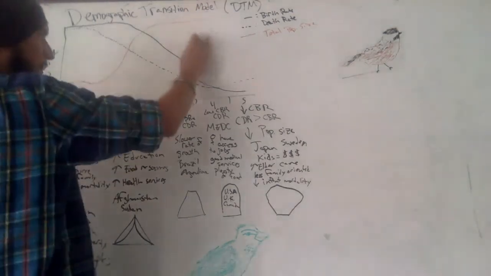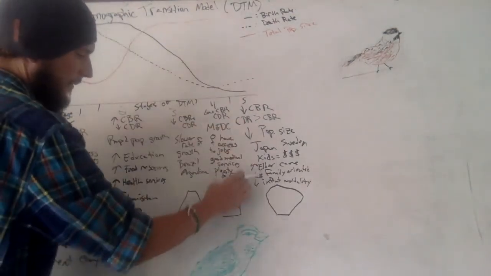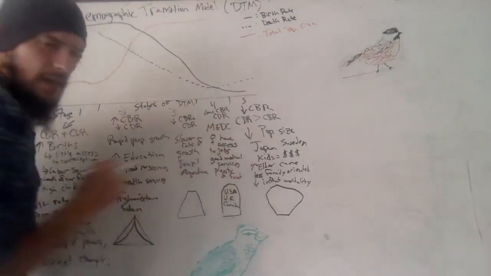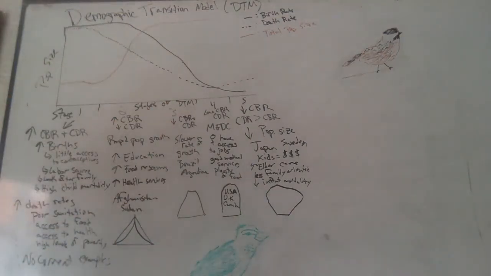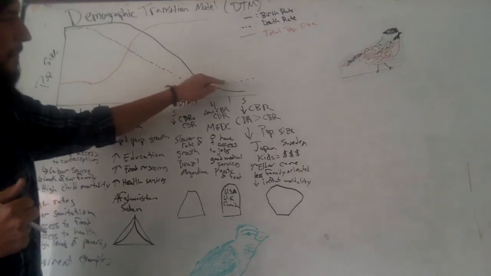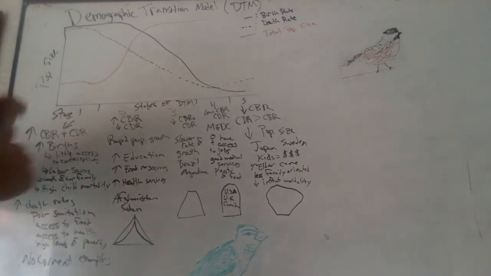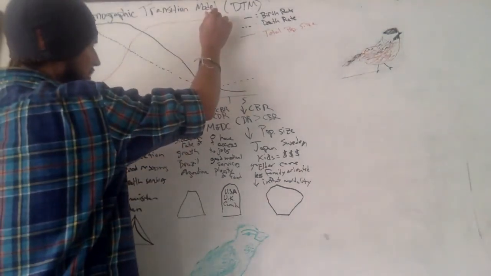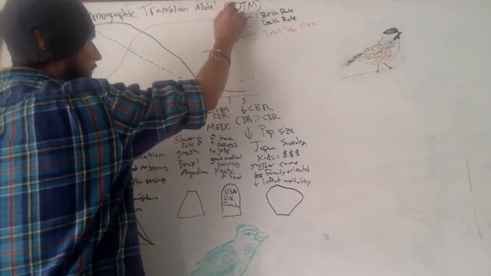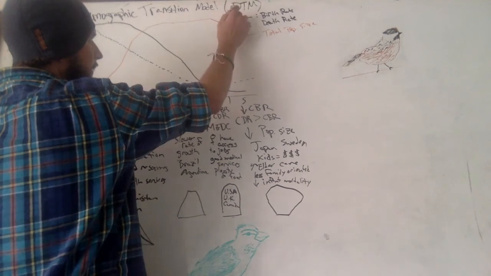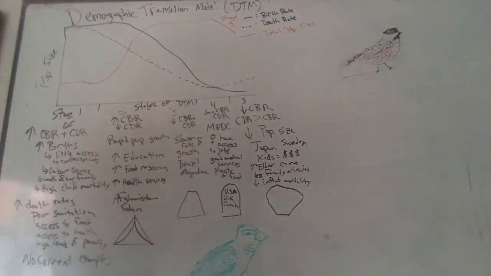So we have a stable population here, as you can see from that really stable shape of the pyramid, quote pyramid, because that's obviously not a pyramid. And then as birth rates dip below death rates, that's when you have the problem of the population actually decreasing. So in stage 5 here is when you start to see a dip in population as well.